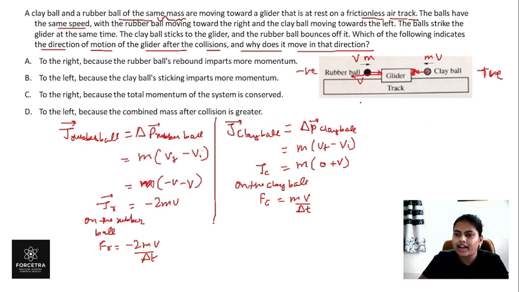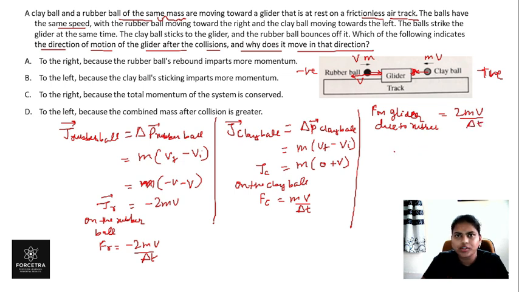So I can write the force on the glider due to the rubber ball would be 2mv upon delta t, and the force on the glider due to the clay ball is equal to minus mv upon delta t.